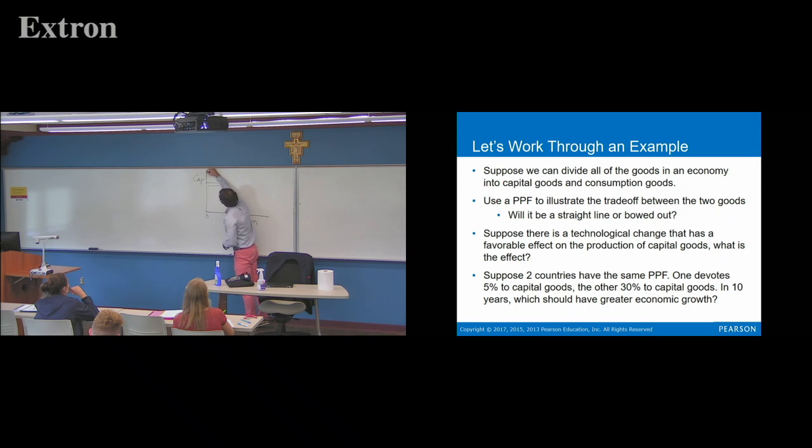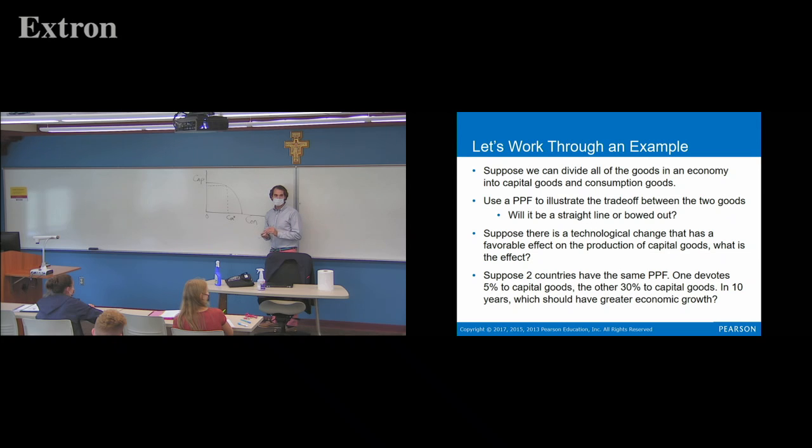So you think we'll start somewhere up here? Well, you're starting with this curve, and then there's a technological advancement. Okay, then yes. So you'd say up here, and then what kind of shape is the line going to take?